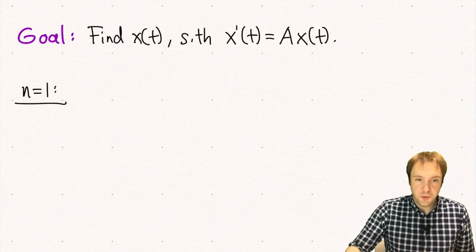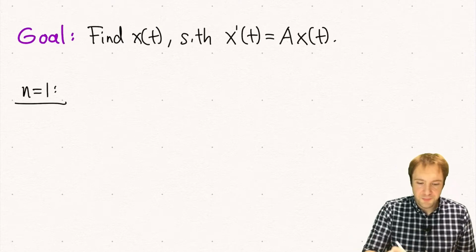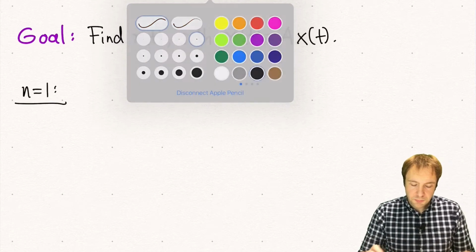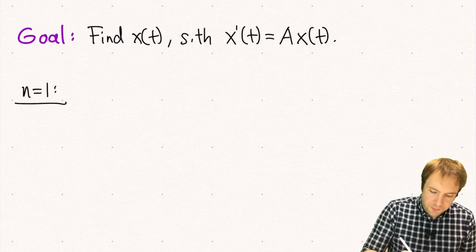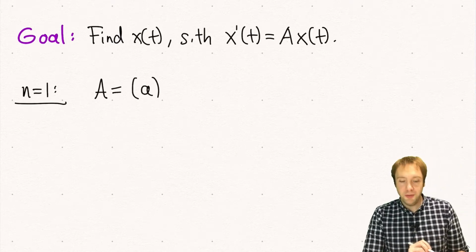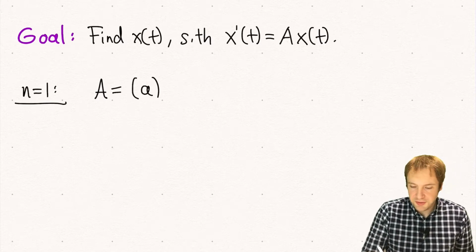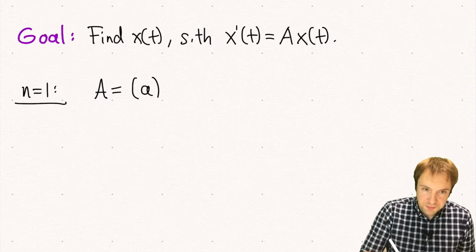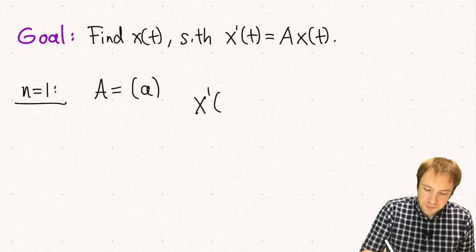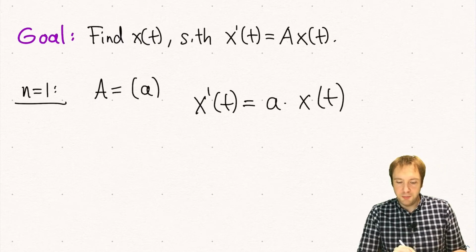And again, what is this in the case n equals 1? Well, A is just some matrix with one entry, and this x is just one function. So we ask for the solution of this, as in the example before.